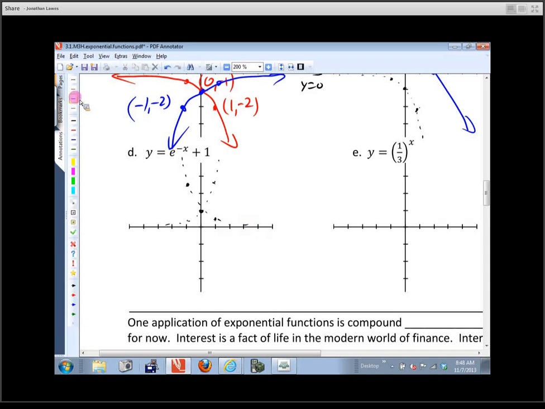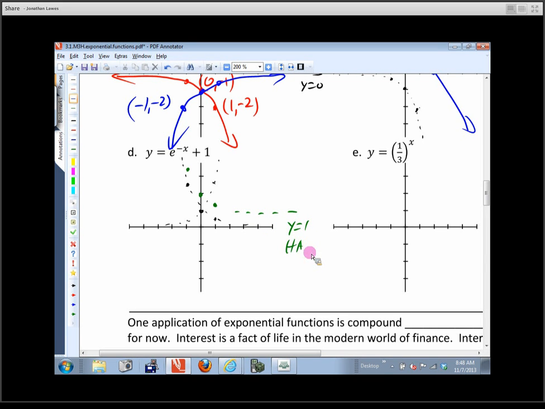And then I'm going to take that graph, and I'm going to take every one of those points, and what am I going to do with them? Up 1. So I'm going to go up 1 right here. I'm going to go up 1 right here, and up 1 right here. What else am I going to draw before I draw the graph? Horizontal asymptote. Where was it over here? It was at 0, so I move it up 1, so I have a horizontal asymptote of y equals 1. There's our horizontal asymptote.